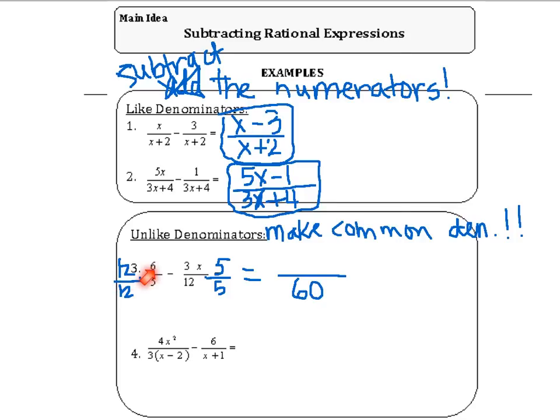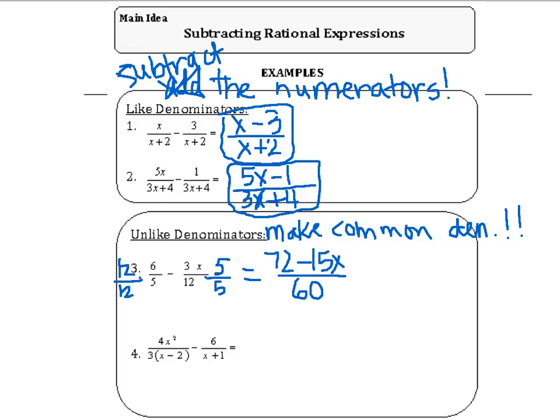12 times 6 here. Well, 12 times 6 is 72. So I've got 72 minus 3x times 5 is 15x. So 72 minus 15x. And looking at those, I can recognize, and this is something that you should always look for, all of these numbers have the factor of 3. So 3 goes into all 3 of these.